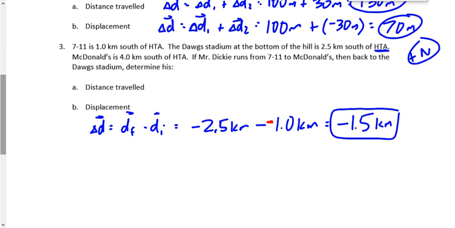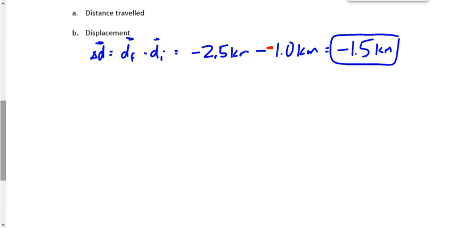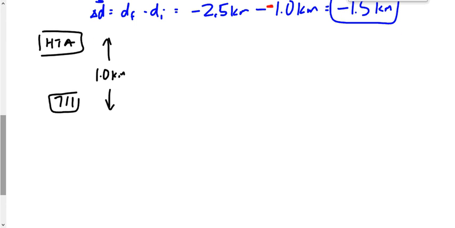Okay, what about the distance? This is the one where I think it's useful to draw the little map here. Here's HTA. Here's 7-Eleven. 7-Eleven is 1 kilometer south of HTA. The dog stadium was 2.5 kilometers south of HTA.